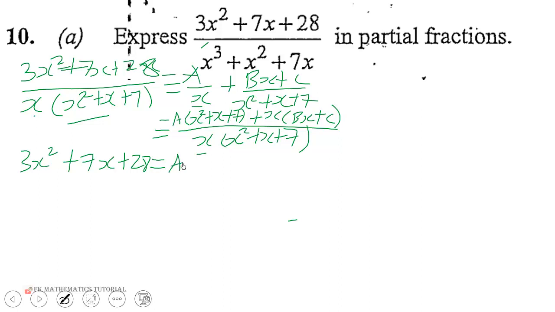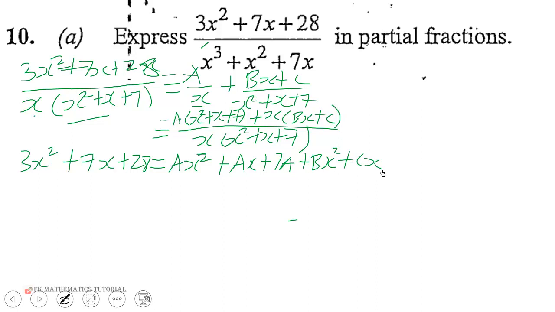ax squared plus ax. Then we will get plus 7a. Then we will have plus bx squared plus cx.